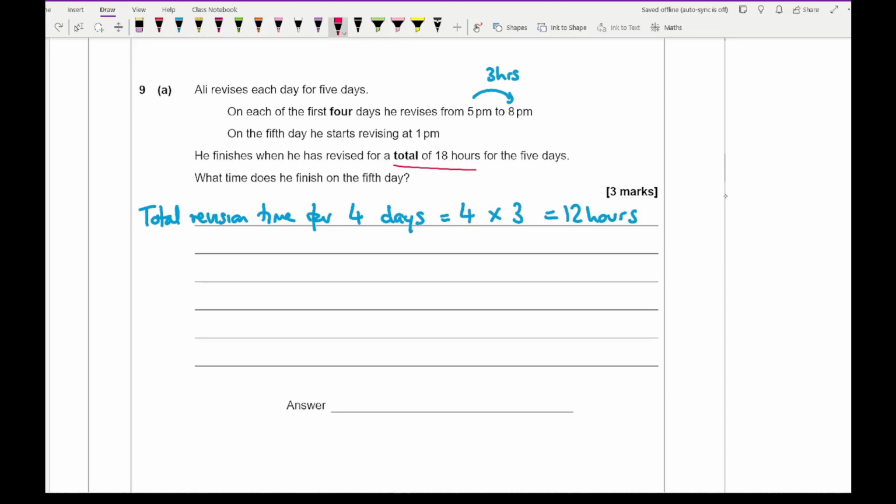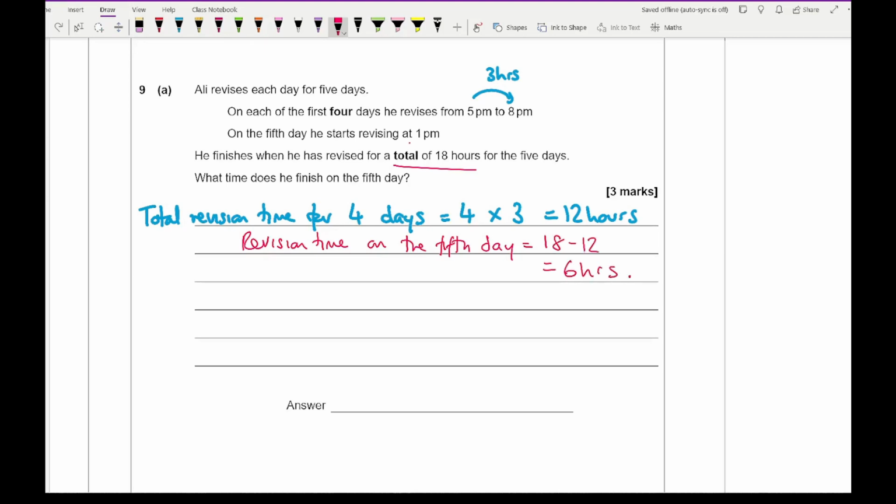So the revision time on the 5th day equals 18 minus 12, which is 6 hours.